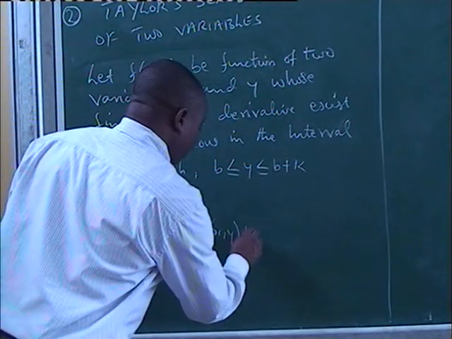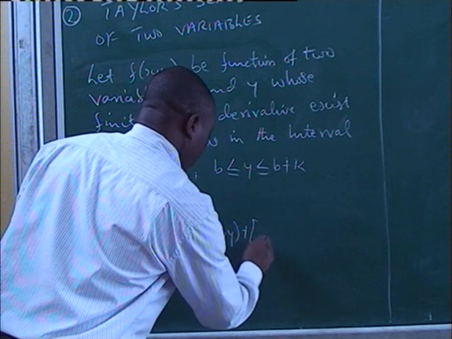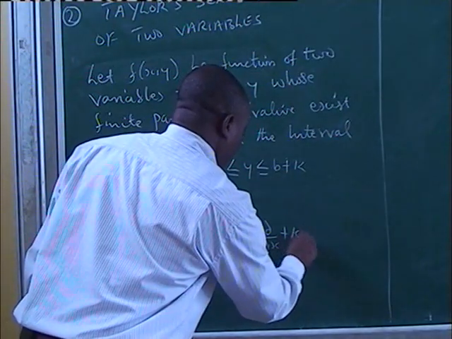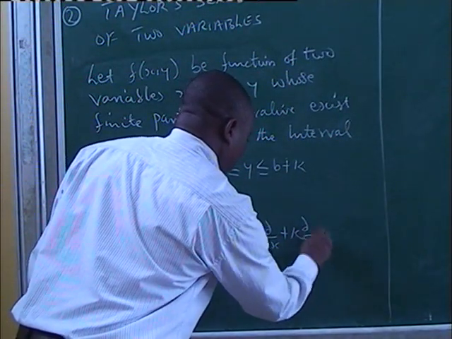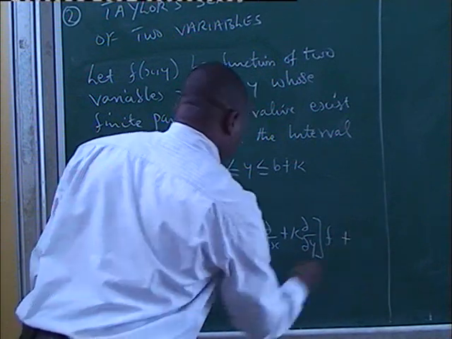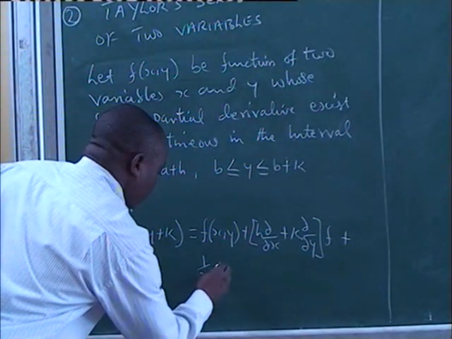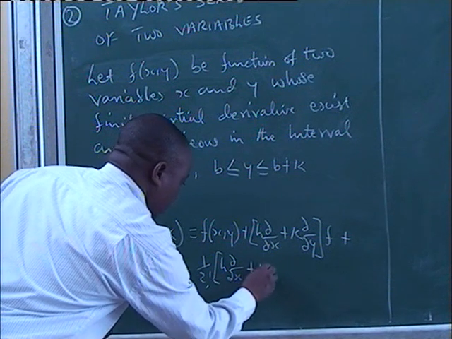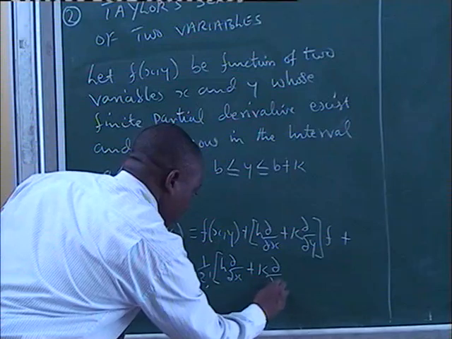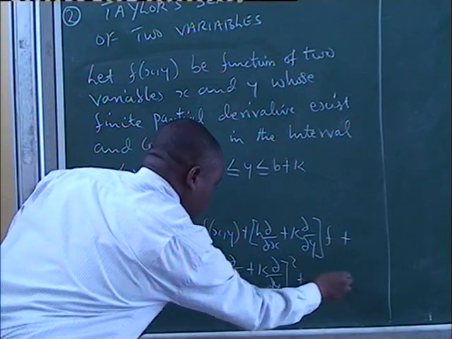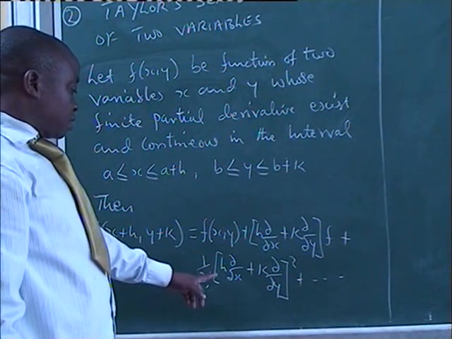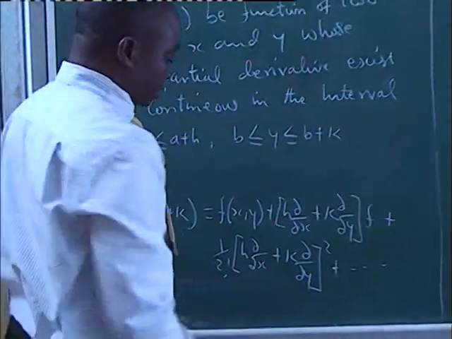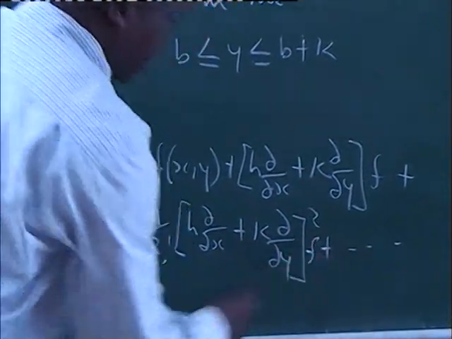to f of xy plus k plus 1 over 2 factorial h plus k, plus 1 over 2 factorial times h partial x plus k partial y f.